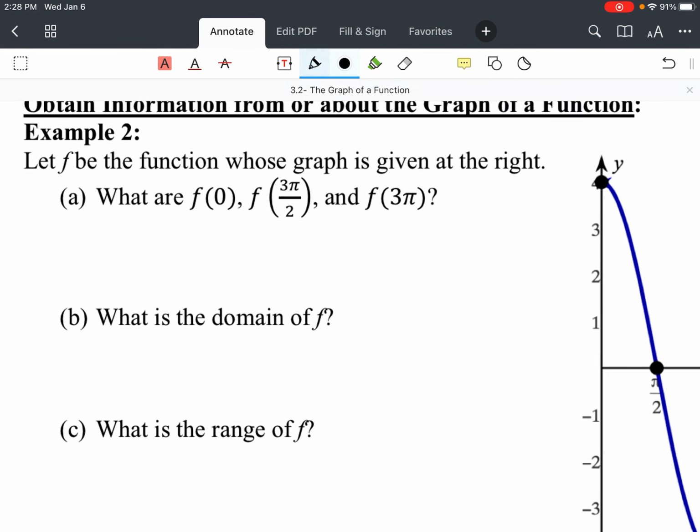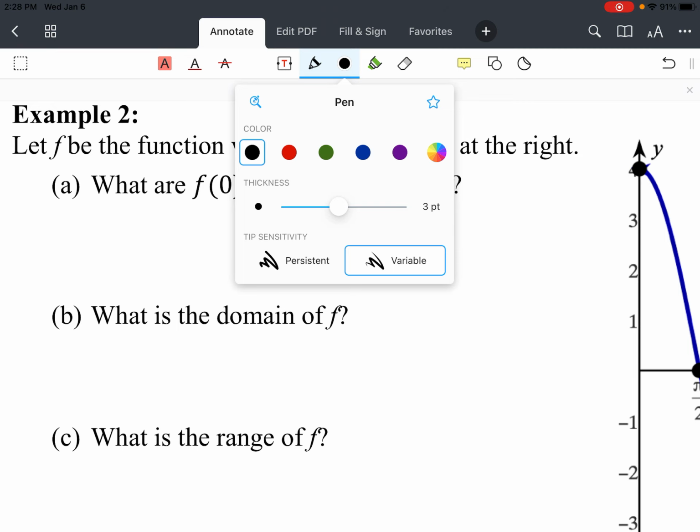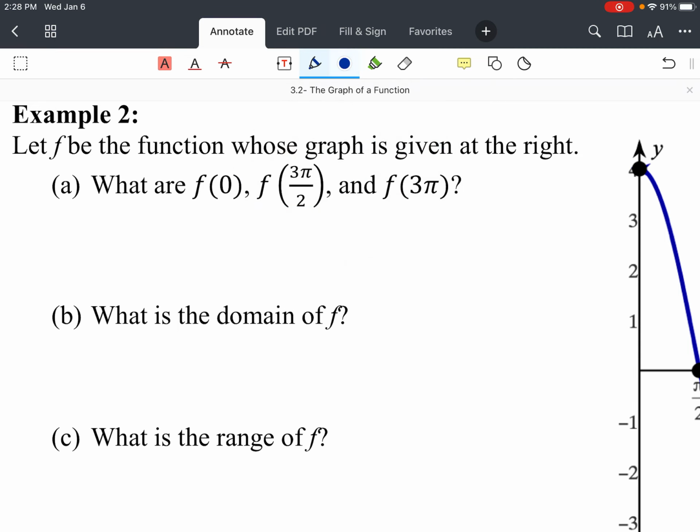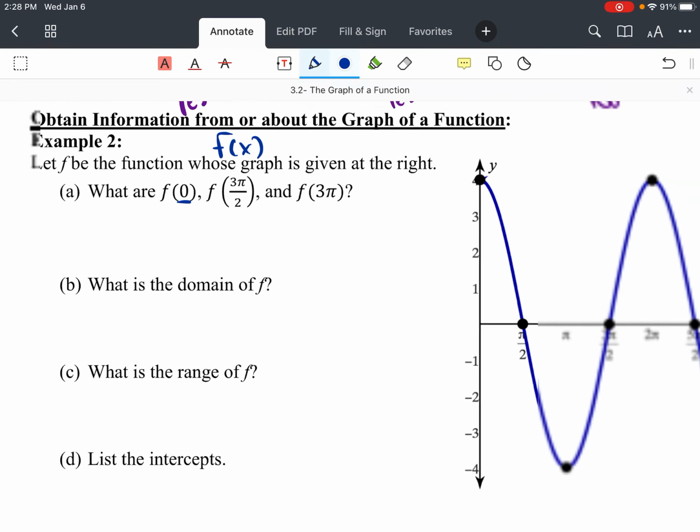Okay, so this first part A, it says let f be the function whose graph is given to the right. We want to know in part A what f of 0 is. So remember that we're dealing with functions evaluated at x, so f of x. So 0 in this case is actually going to be our x value.